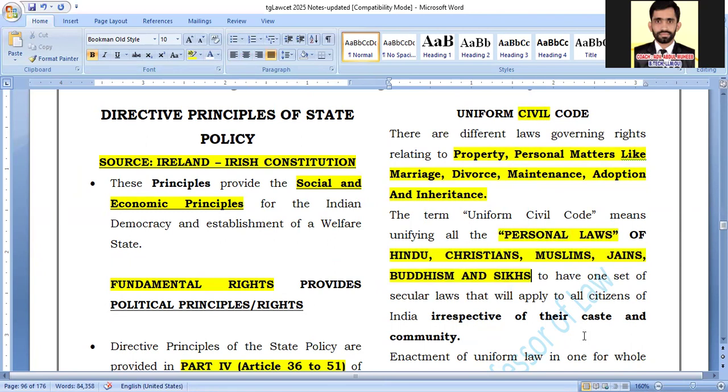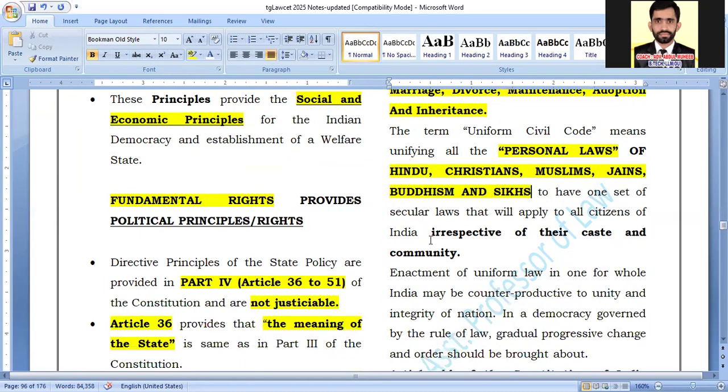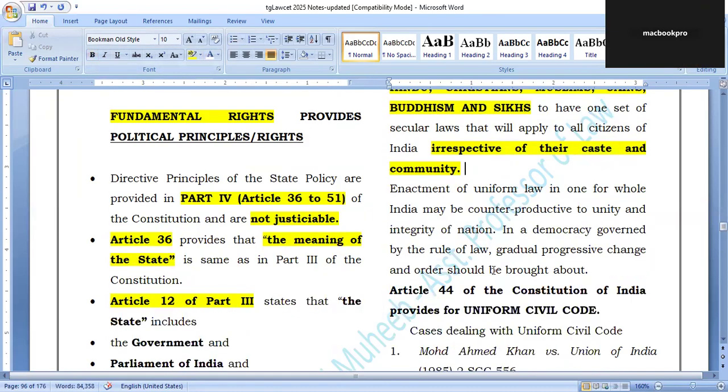For example, registration of marriage: every person, irrespective of religion, has to register the marriage with the government. This is an example of civil code, irrespective of caste and community.